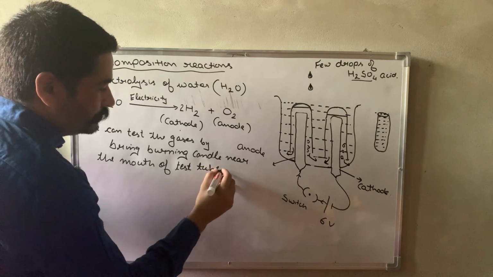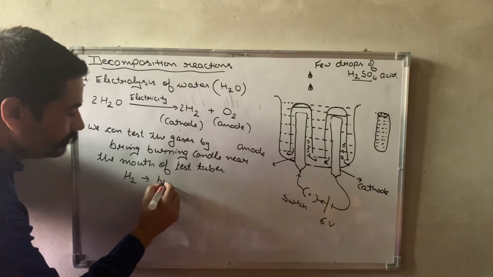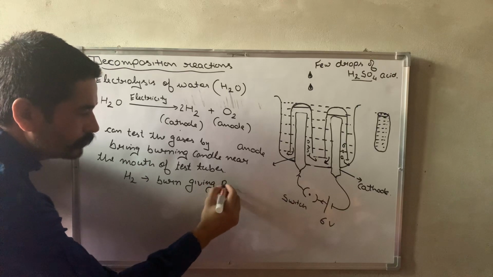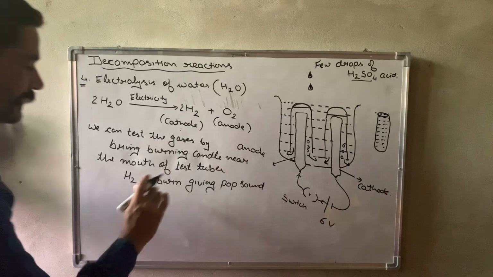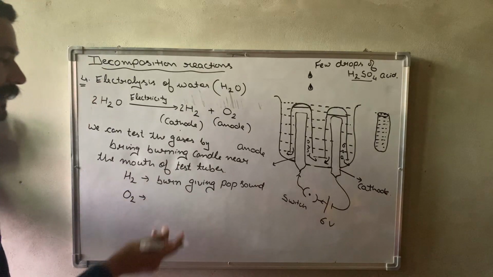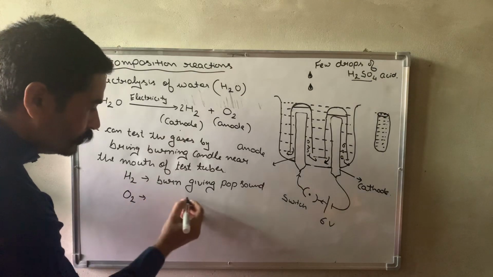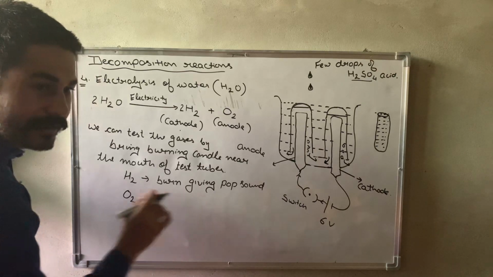Hydrogen gas will burn giving a pop sound, and the burning candle will get extinguished, whereas in oxygen the burning candle will keep on burning, because oxygen supports combustion. So the burning candle keeps on burning in the presence of oxygen.